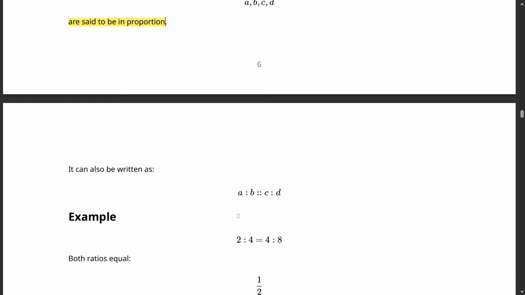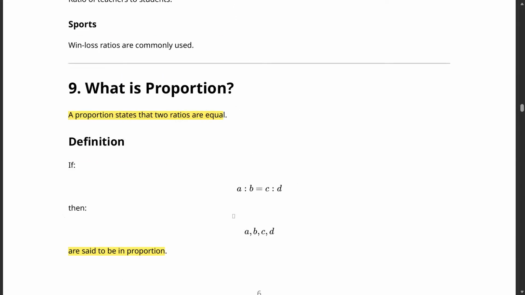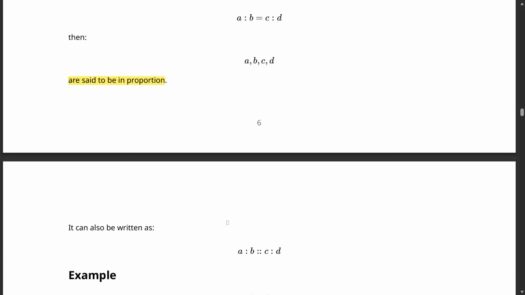It can also be written as A is to B double colon C is to D. Let's take an example: 2 is to 4 equals 4 is to 8. Both ratios equal 1 by 2, so they are in proportion. So you can see that a proportion states that two ratios are equal.